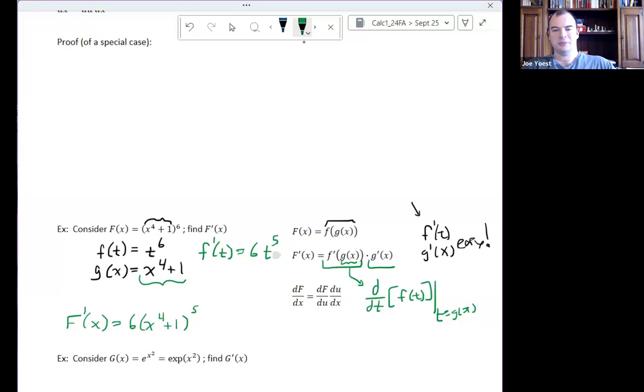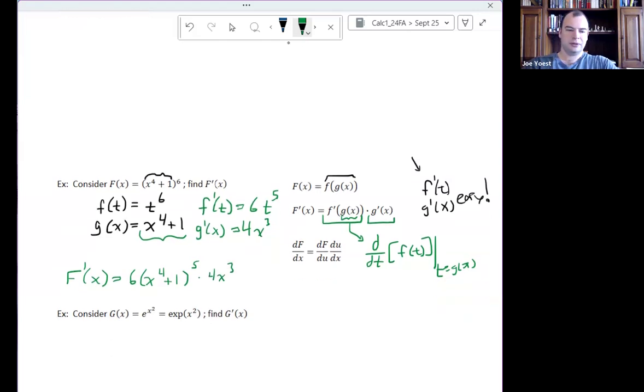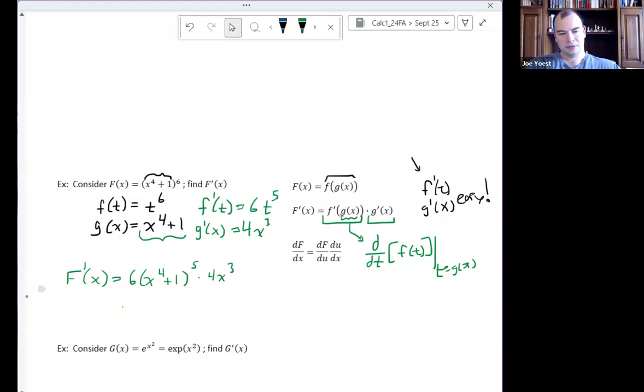And then what do I multiply by? Well, simply g prime of x. So I have 4x cubed. Again, bring the power down, take 1 off the power, and the derivative of the plus 1 term is 0. And maybe I could simplify this to 24x cubed times x to the 4th plus 1 to the 5th power.